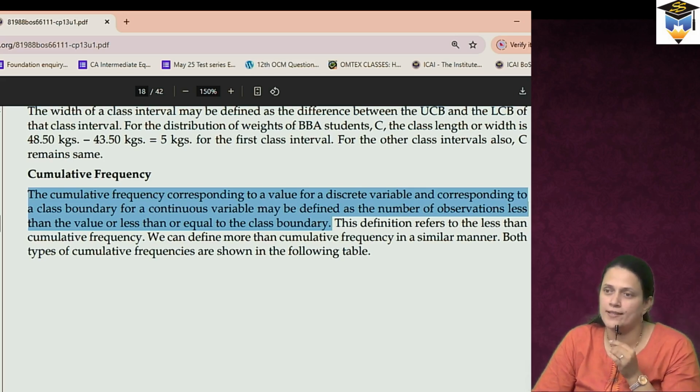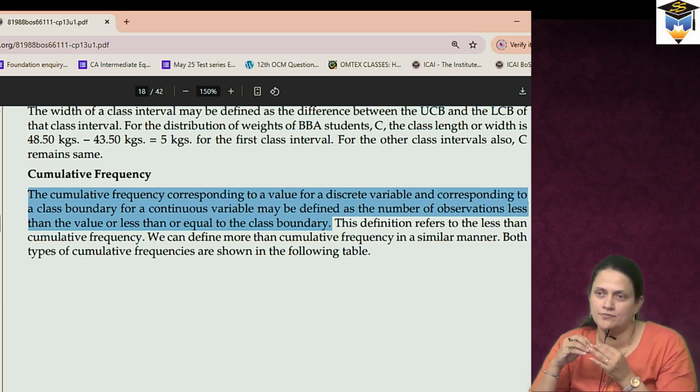Done? Cumulative frequency? Write it down. You have to do a lot of writing today.